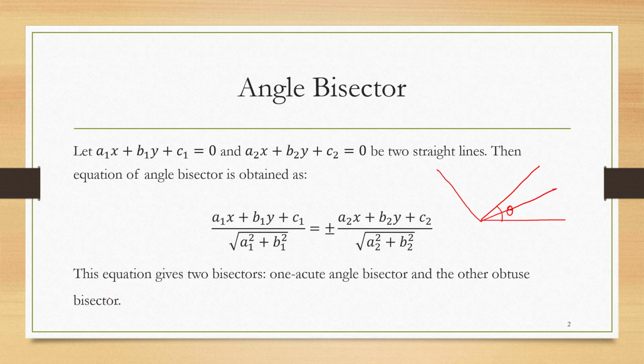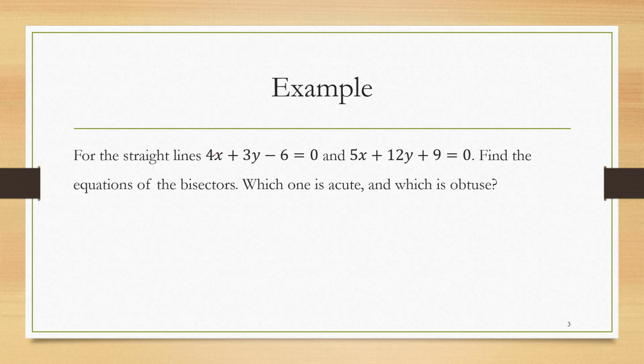Let's see an example. Now we have two straight lines 4x plus 3y minus 6 equal to 0 and 5x plus 12y plus 9 equal to 0.